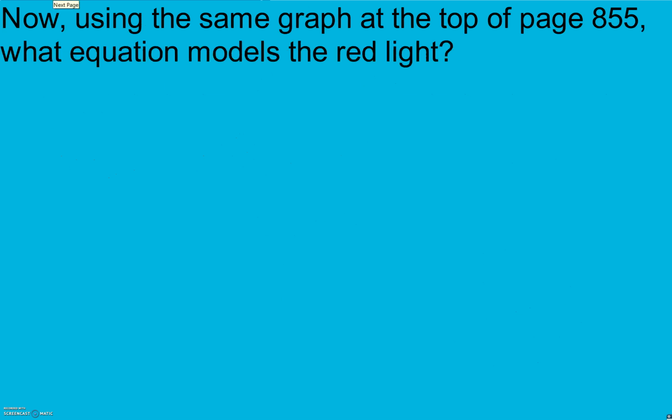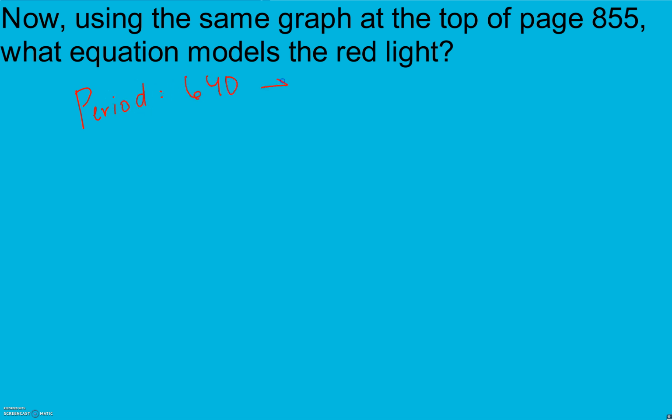Now, using the same graph on the top of page 855, what equation models the red light? If we look there, red light, one cycle, so 0, max, 0, min, back to 0, ends at 640. So the period is from 0 to 640, so 640.